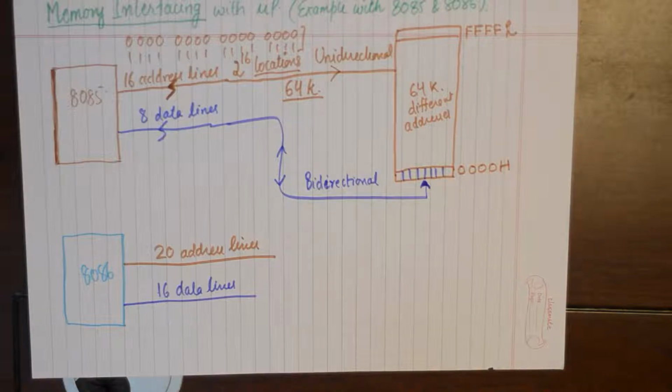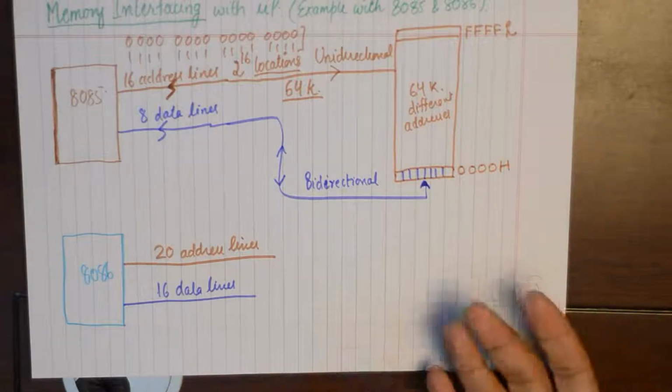Just by looking at these numbers, you'll say that the 8086 is capable of handling more memory. Now what does 20 address lines mean?